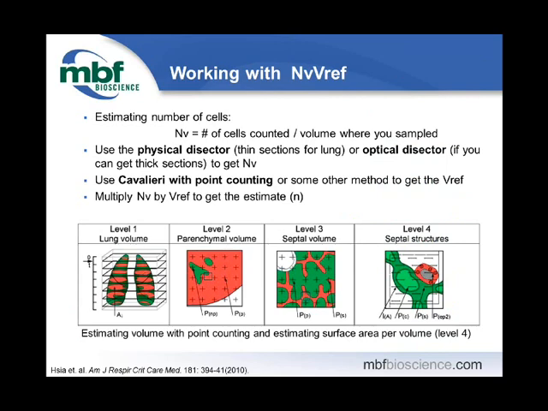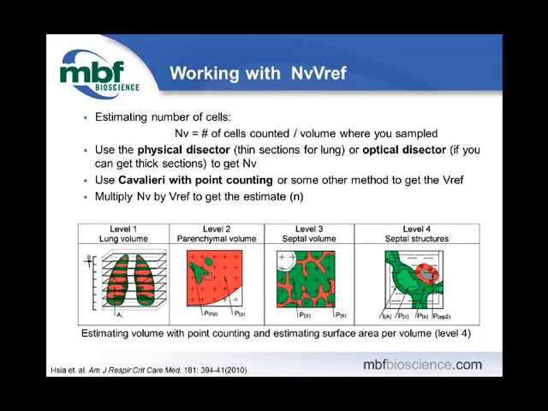And the way this works is the program comes up with a numerical density, and that's called NV. So if we're estimating the number of cells, after we mark all the cells in the virtual space that we restrict ourselves to counting in, the program will take that number of cells and divide it by the volume where you sampled. And that will give you a density of cells per volume sampled.